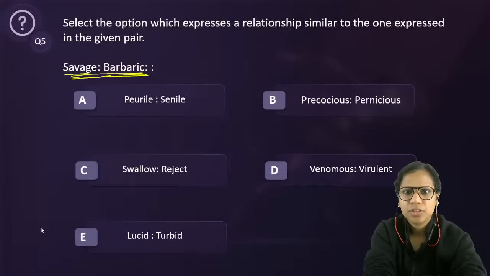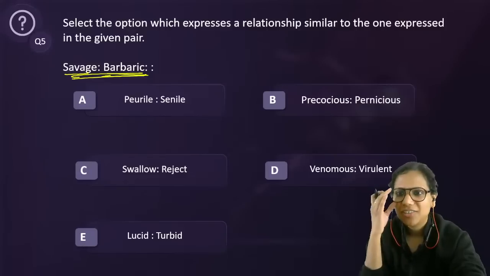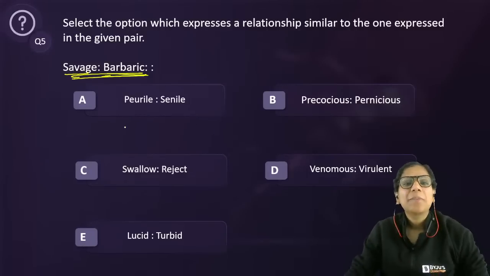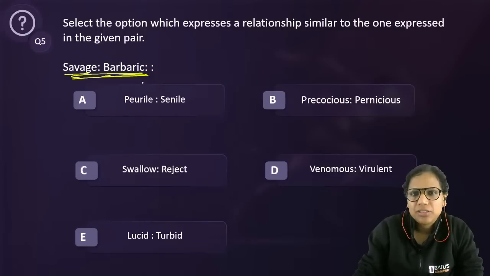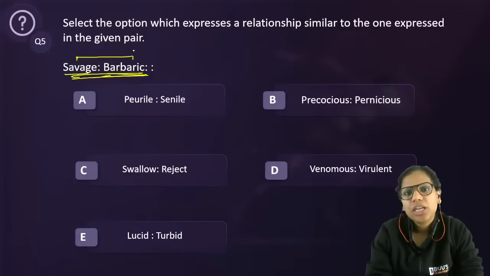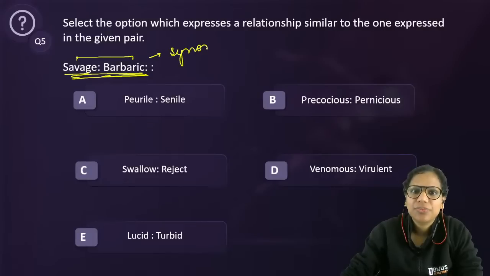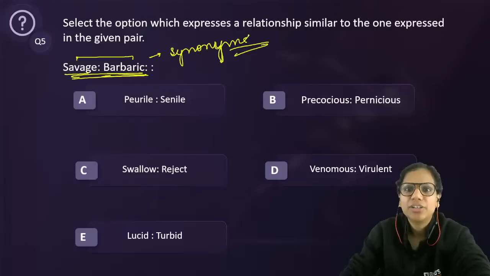A, D, C. I want more responses. E, all right. So pretty much everything that means. Savage is to barbaric. Even if you don't know the exact meanings, although they are fairly common words, you can still guess that they are similar ideas. They are synonyms. They are not antonymous ideas.